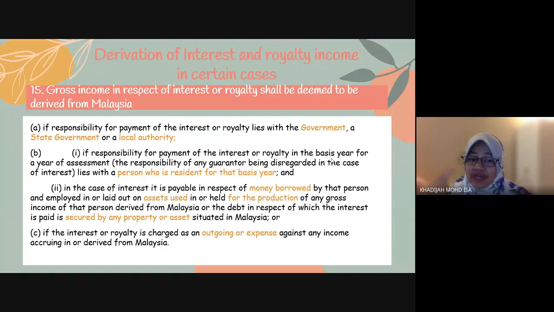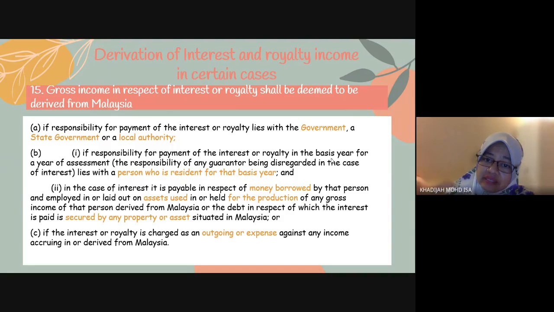Katalah you borrow money from a resident person, but you don't use the money for the purpose of production of income. So the person that you pay interest, the one who receives the interest income, is not subject to tax. Why? Because tak fulfill the 2 requirements, resident and used in the production of income. Meaning that the money that you borrow is used in the production of income.